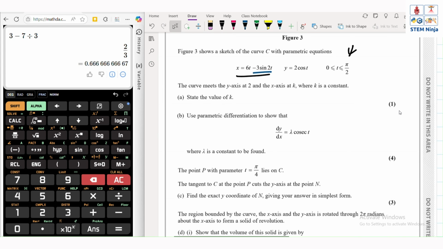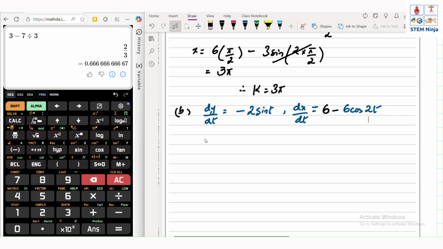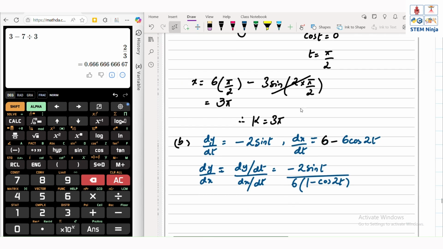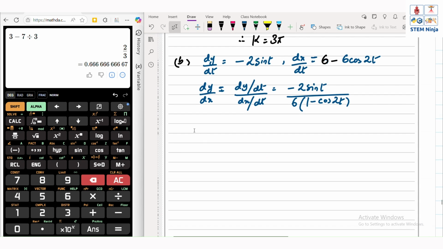Yeah, okay. Now, we need the dy by dx. So dy by dx is dy by dt over dx by dt. So minus 2 sine t divided by 6 times 1 minus cos 2t. Now, since we need this in cosecant terms, we need to have a sine expression in the bottom.